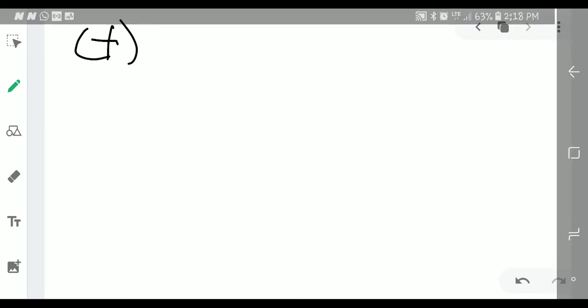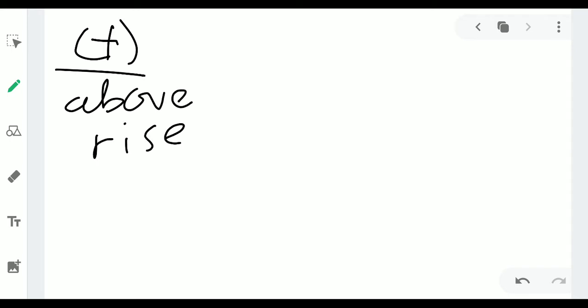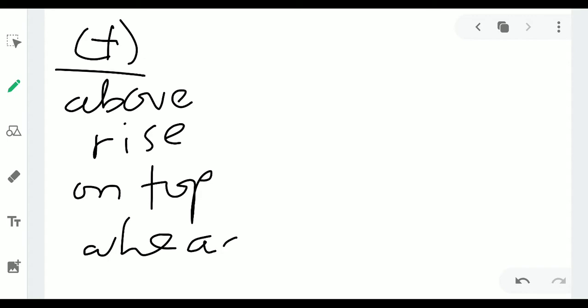Anything that is above, rise, on top, ahead, things like this tell you that that integer is a positive integer. We shall see some examples in our sentences.